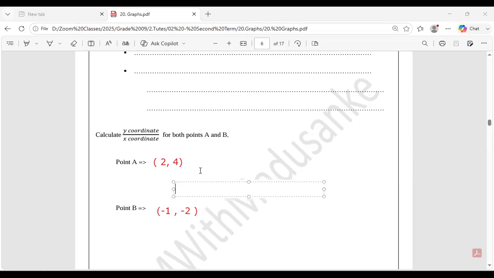Then for these points, I am going to calculate y coordinate divided by x coordinate.